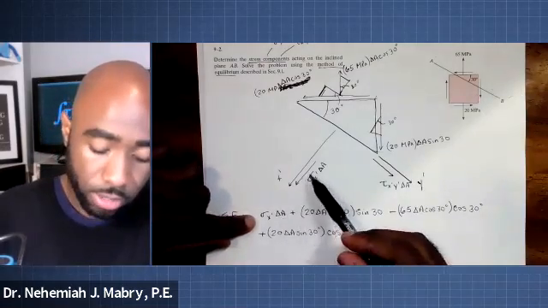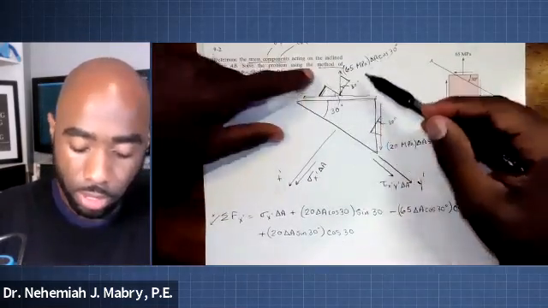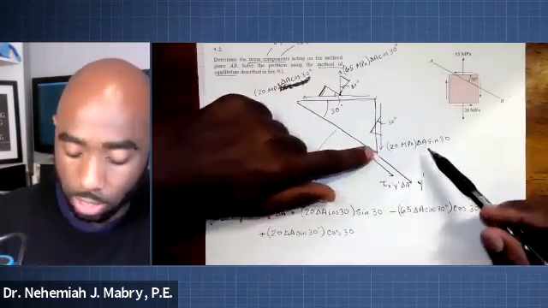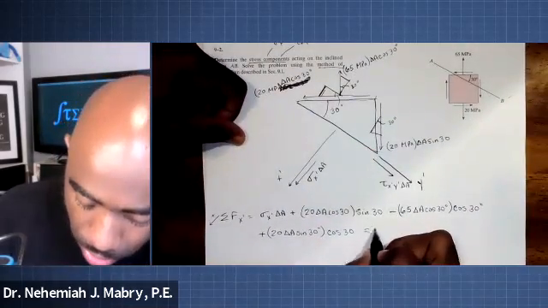We got this one here, x prime component of that one, x prime component of that one, x prime component of that one. So we can set this equal to 0.